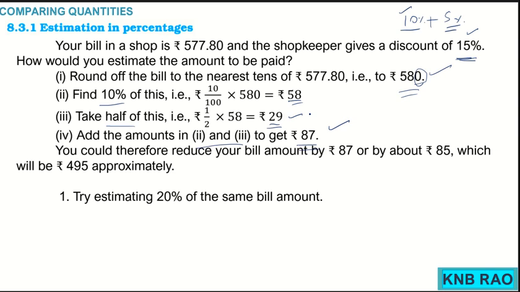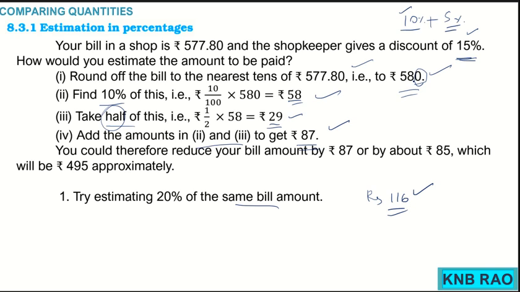Now try to estimate 20% of the same bill. It is very simple. Here I found the first step and second step as it is. In the third step, instead of half, I'll do double. If I do doubling, that means in the third step it becomes 116 rupees, being the double. So 58 doubled is 116.